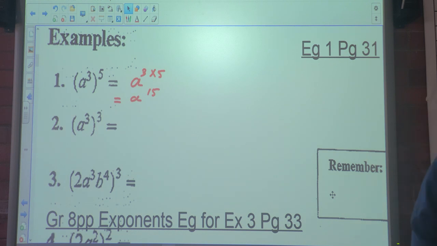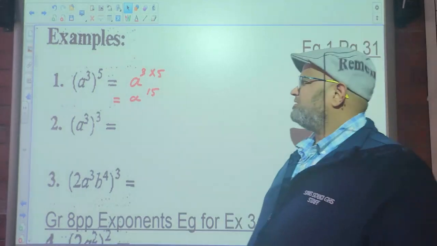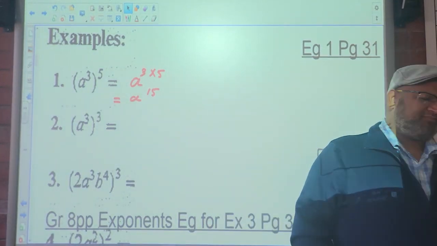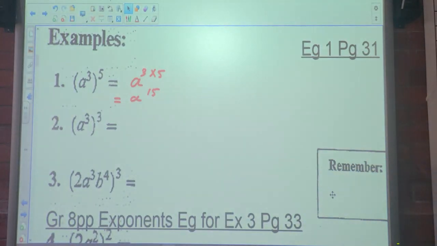Do we have to show that we multiply? Can we just go straight to the answer? Then you can go straight to the answer. But initially, I would suggest you do it so that the rule is solidified in your head. If you know that you won't forget, it's fine. Later on, we tend to drop it anyway.